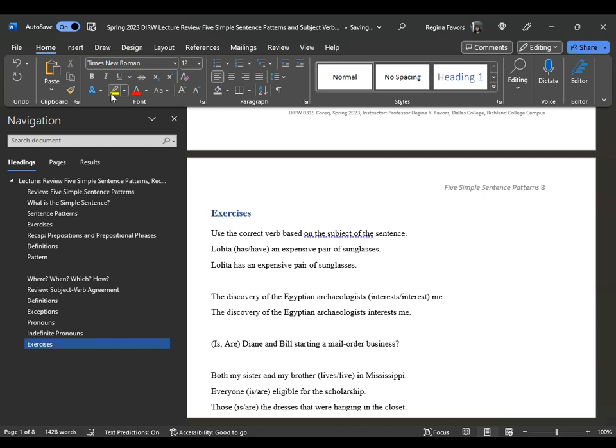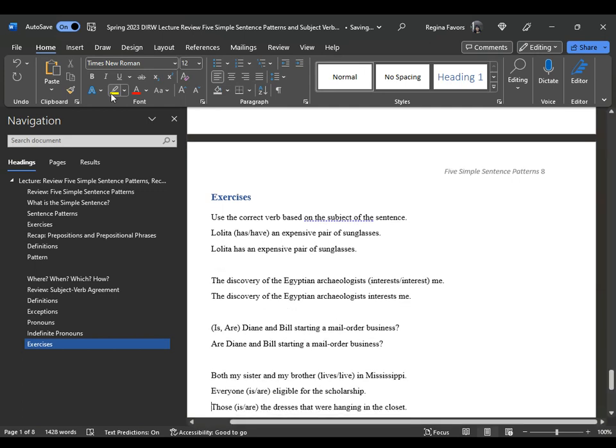And then we have the verb-subject combo, the verb coming before the subject. So we understand that Diane and Bill are the subject of the sentence. They are a compound subject, plural form. So we need to make sure that the verb is in plural form. So are Diane and Bill starting a mail order business? Because we understand that the verb comes directly before the subject.